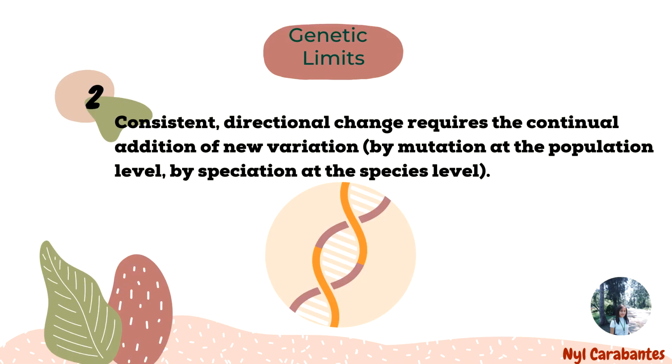Second, genetic limits. Consistent directional change requires the continual addition of new variation by mutation at the population level, by speciation at the species level. It is possible that at some stage the requisite mutations simply never occur, and directional change slows or stops as a result.